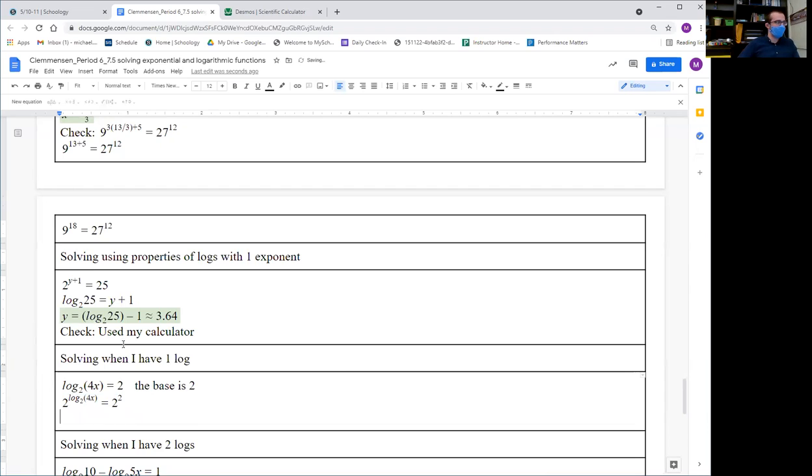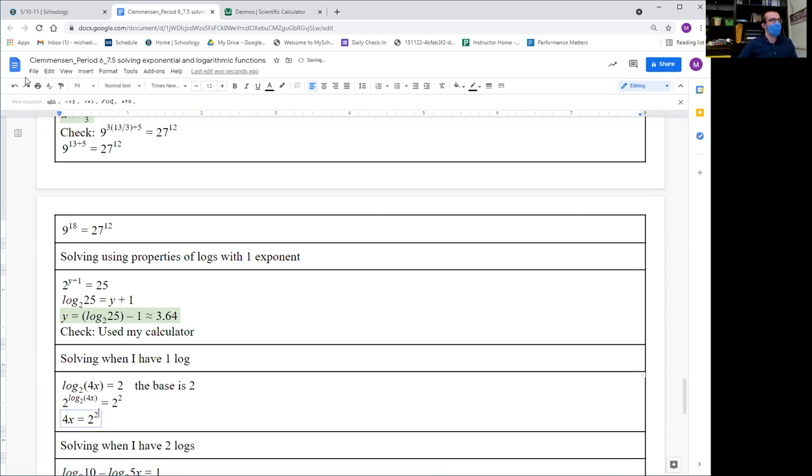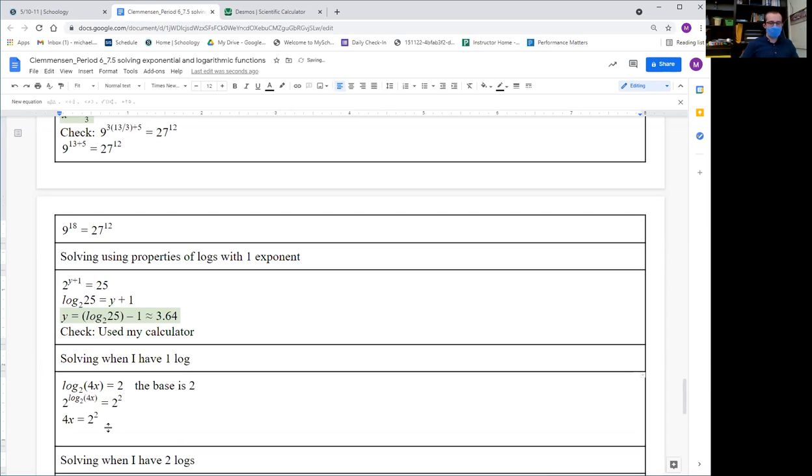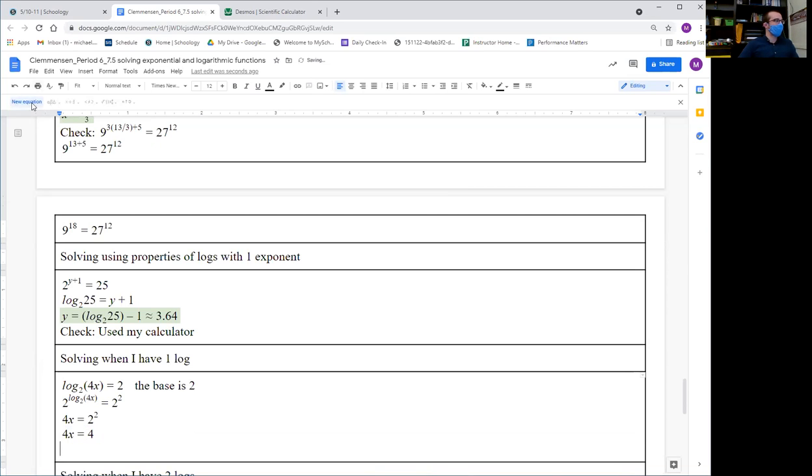Now what's nice is that this 2 and log 2 are going to cancel out. And so we'll just end up with a new equation: 4x equals 2 to the power of 2. If we do some more simplifying, 4x equals 4, which means that, nice and easy, x equals 1.